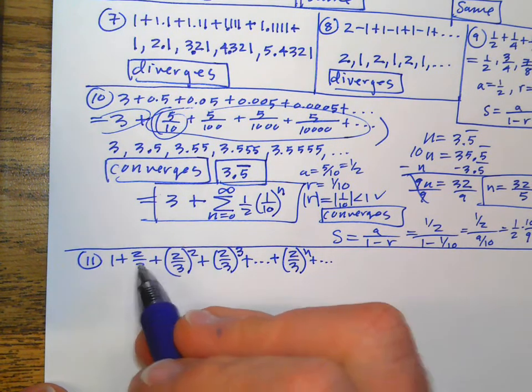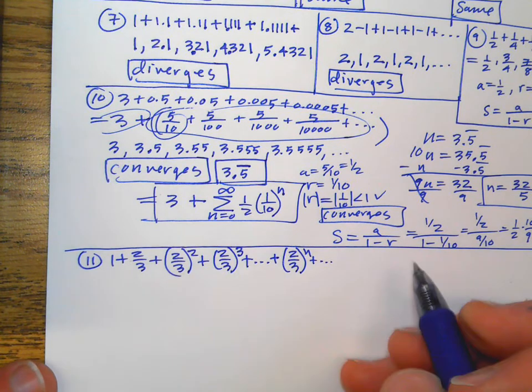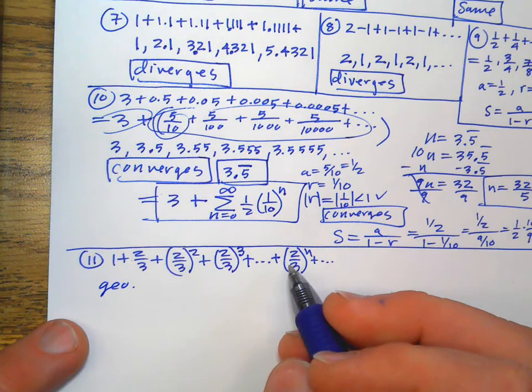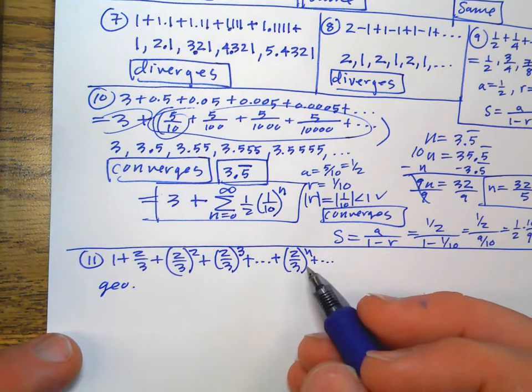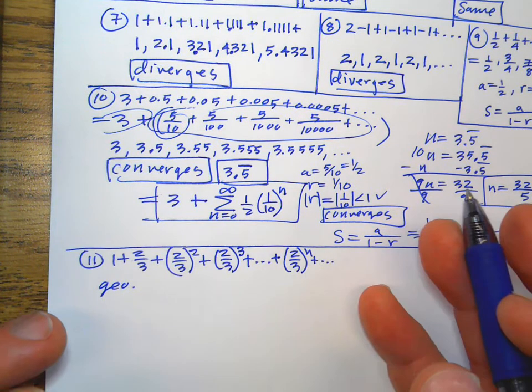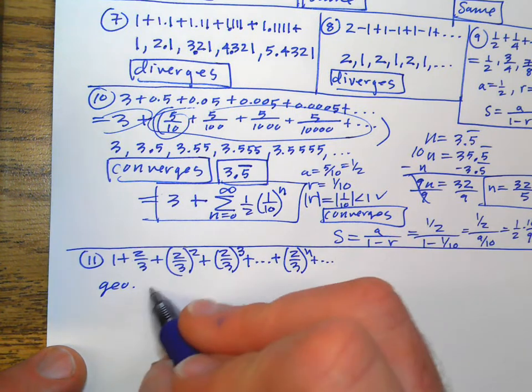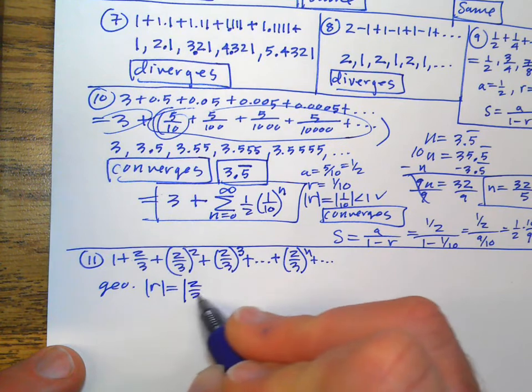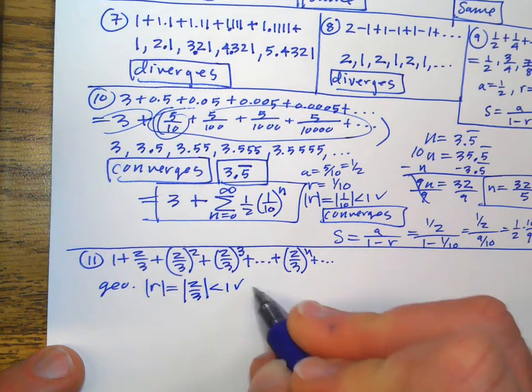But we're multiplying by 2/3 every time. This is a geometric series, right? And you're supposed to decide if it converges or diverges, and if it converges, what does it converge to? So the R value is 2/3, and the absolute value of it is less than 1, so it converges.